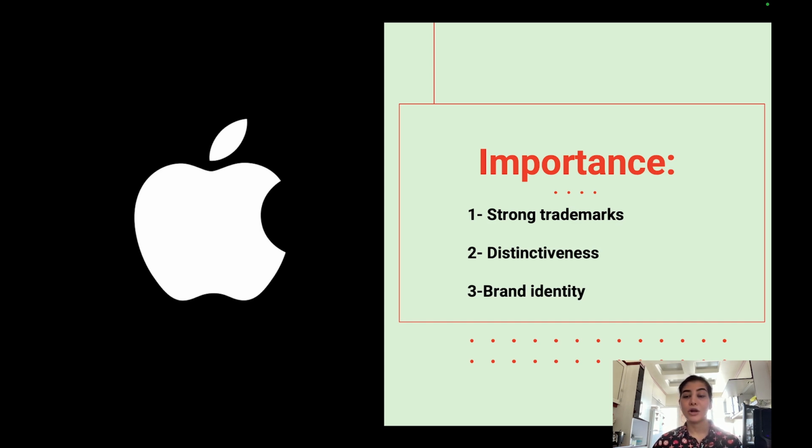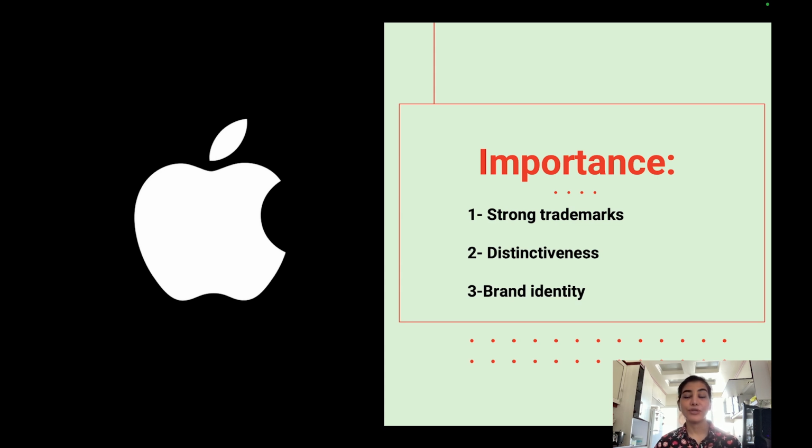Suggestive marks are strong trademarks. The possibility of registering suggestive marks is high, and they are able to distinguish products. For example, you cannot forget that the products of the company Apple are called Apple, and you can identify them anywhere you see the products of Apple.